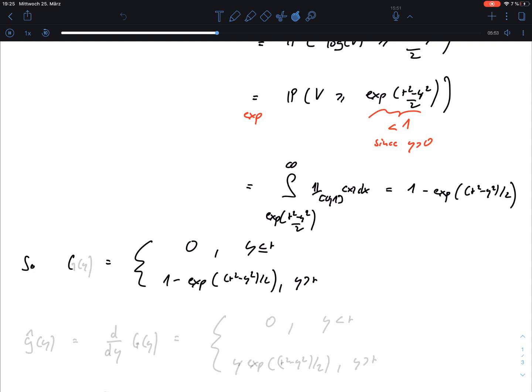Okay, so now we can differentiate to get the density of Y. This should be g of y, of course.